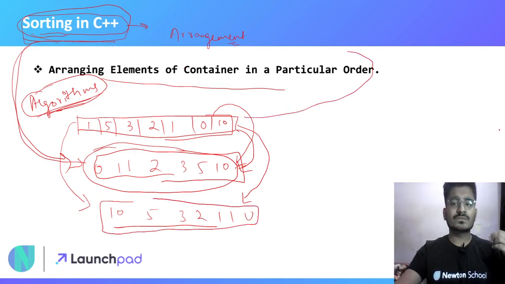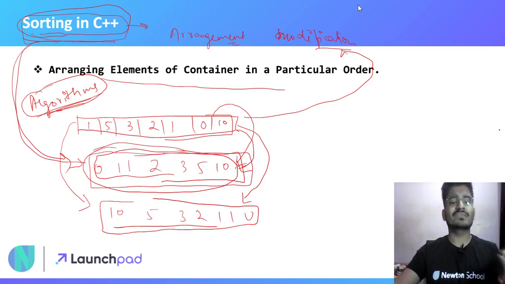We will also learn that further in our playlist. Right now we are learning the algorithms to sort elements in some particular order. So now let's see what the different sorting algorithms are and what their time complexities are in computer science.